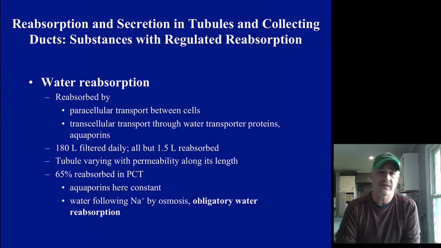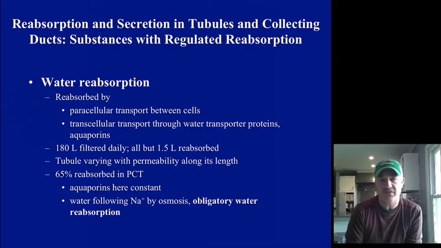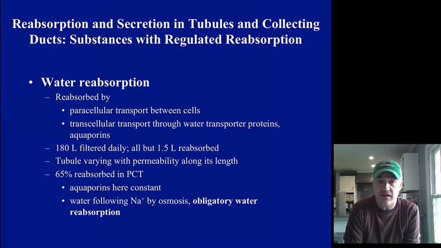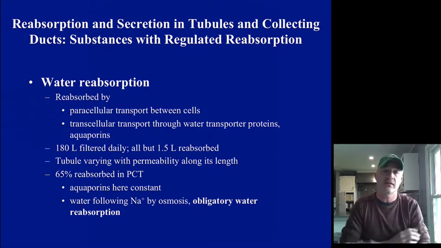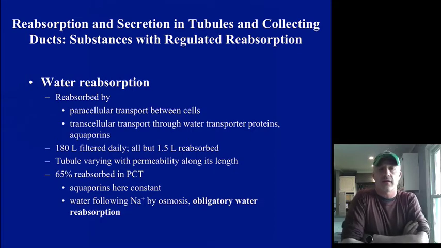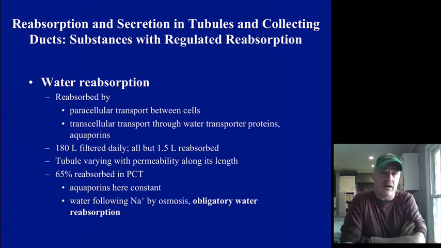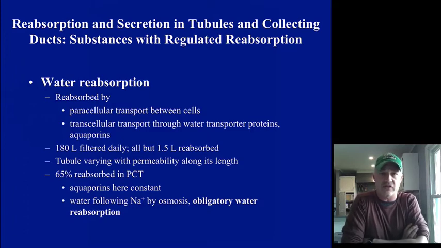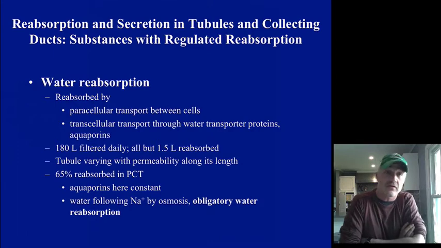Again, water reabsorption is happening throughout these tubule systems, or it can be, depending on hormonal signals. It is osmosis, mainly paracellular transport between the cells. We are going to see some water transport proteins called aquaporins, these channels. We've already said 180 liters of filtrate on average a day, which is 45 gallons, is how much filtrate we generate.